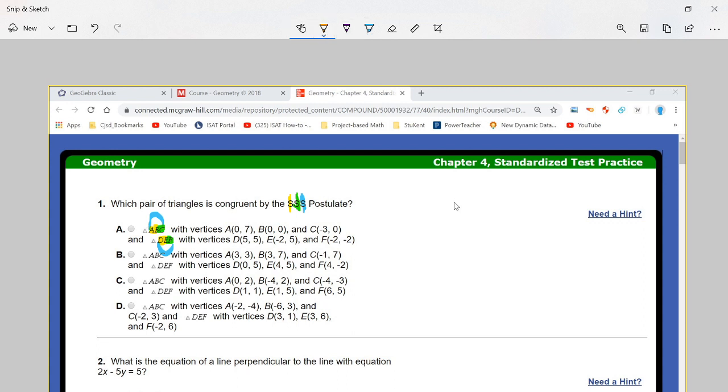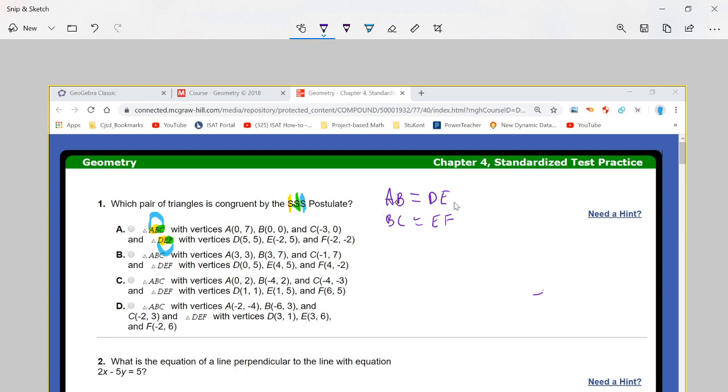So if I was writing this out, I would say AB has to be equal to the yellow, that would be DE. And BC would have to be equal to EF, right?